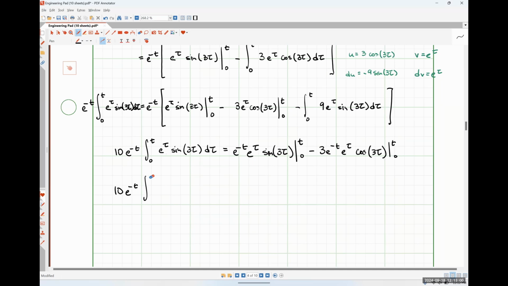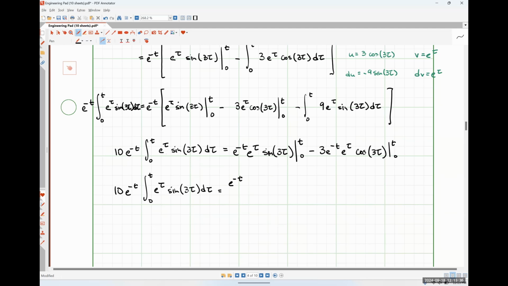Now I'm having difficulty following my own work. From 0 to t, e to the tau sine 3 tau d tau will be equal to e to the minus t times, so let's see what I'm going to have here.